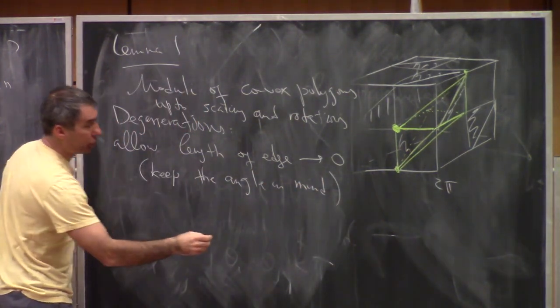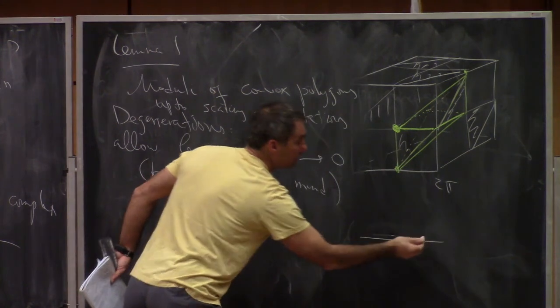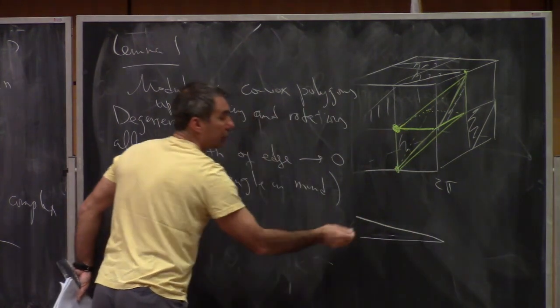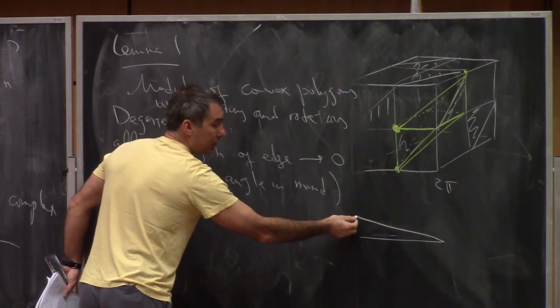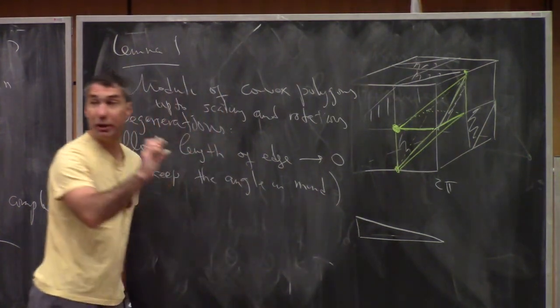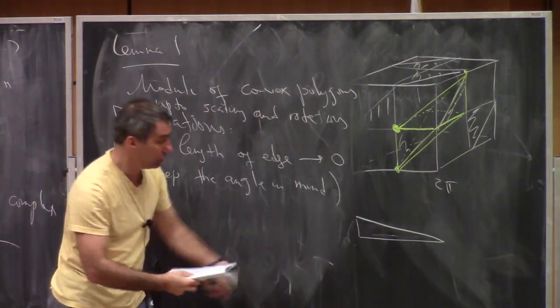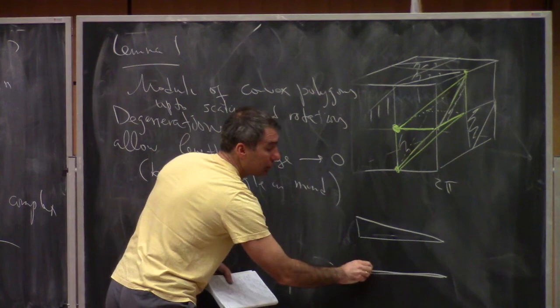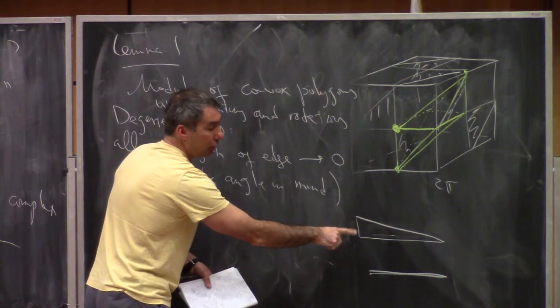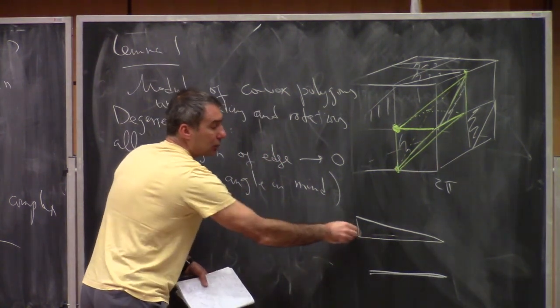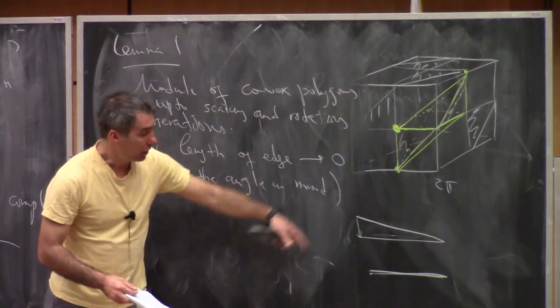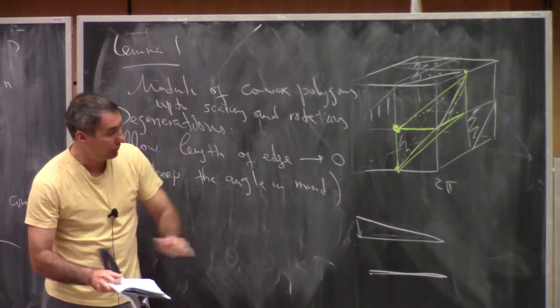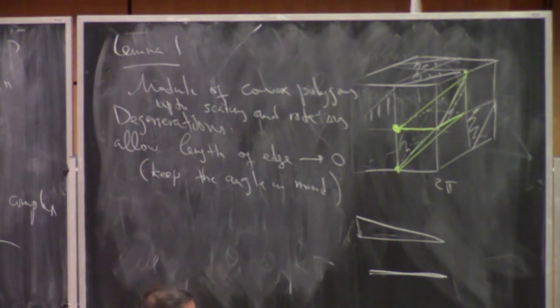It's kind of hard to draw as a polygon. For instance, if you have a triangle, you can have this edge be very, very small, sort of 0, so it looks like only 2 edges, but you still remember the direction of this edge, and it still has to be convex.